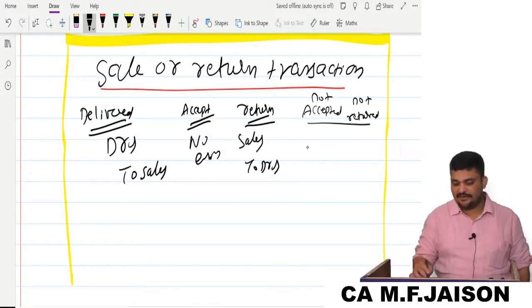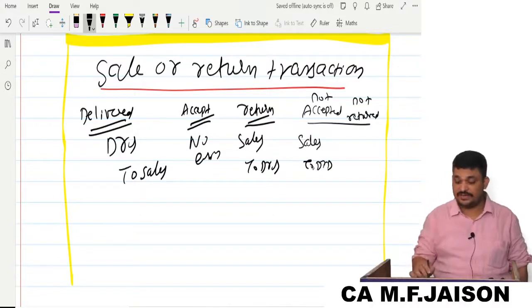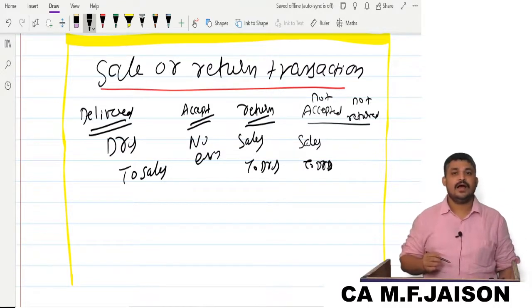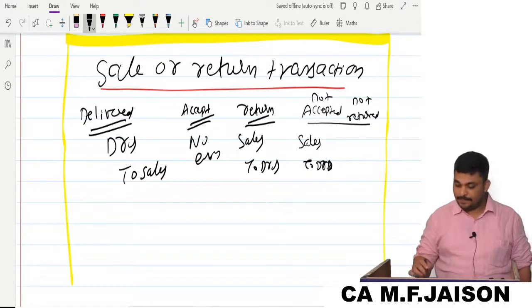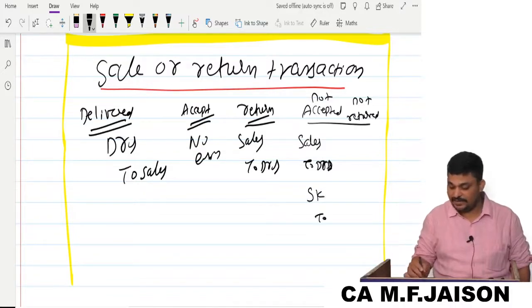So at the end of the year I should make a reversal entry, sales to debtors, even though they have not returned the goods. And one more thing I should do is, for the goods for which I made the sales to debtors entry, make one more entry: stock with customers to trading account.